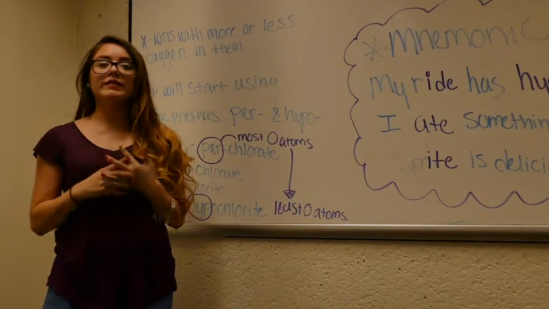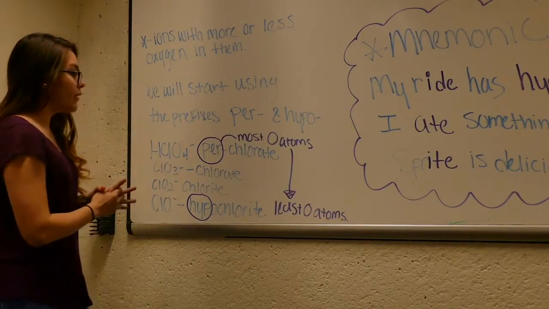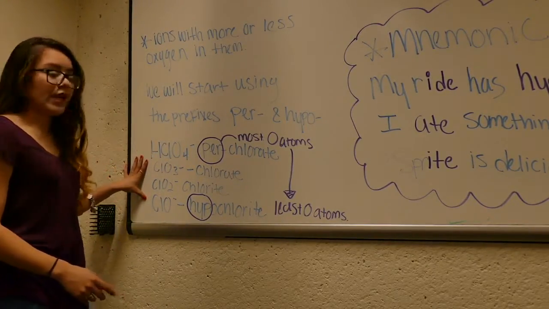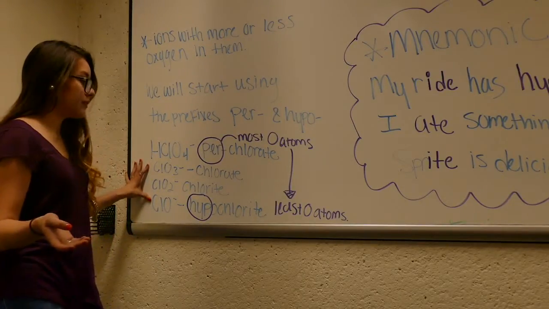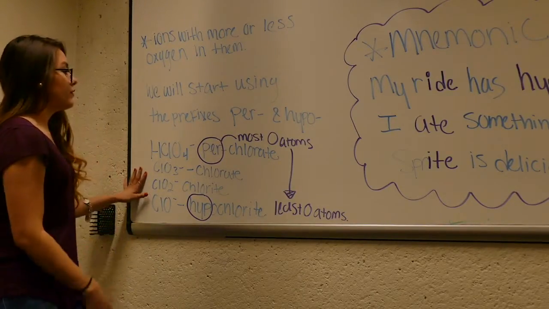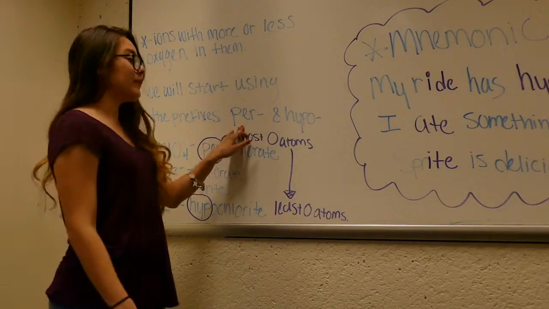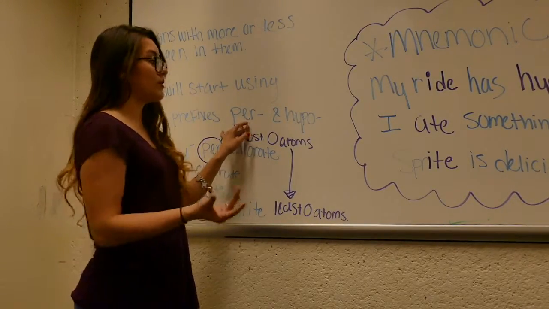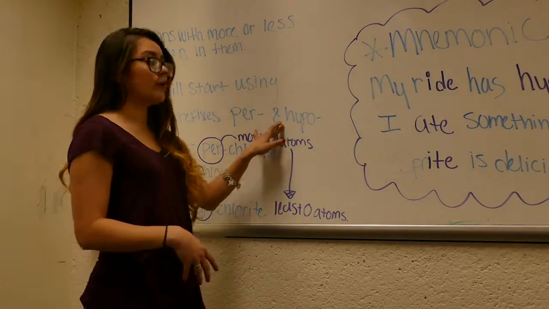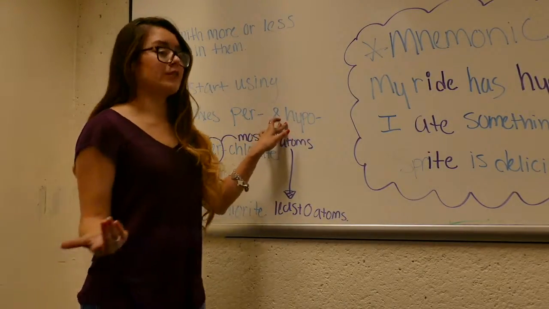Into the prefixes per and hypo. So here we have a variation of polyatomic ions with chlorate, chloride, and hypochlorite. So the prefix per would be used for the ion that has the most oxygen atoms in them, and hypo would be the one with the least oxygen atoms in them.